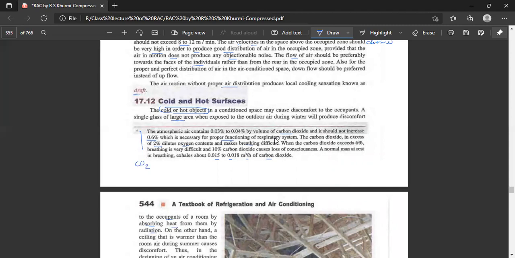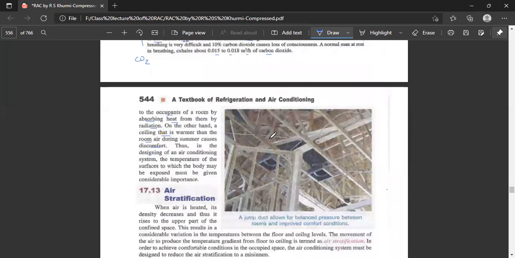On the other hand, a ceiling that is warmer than the room during summer causes discomfort. So in designing the air conditioning plant, the temperature of the surfaces to which the body is exposed must be given considerable importance.